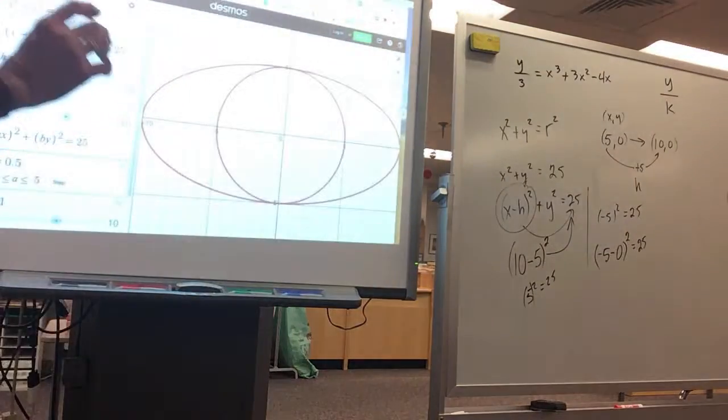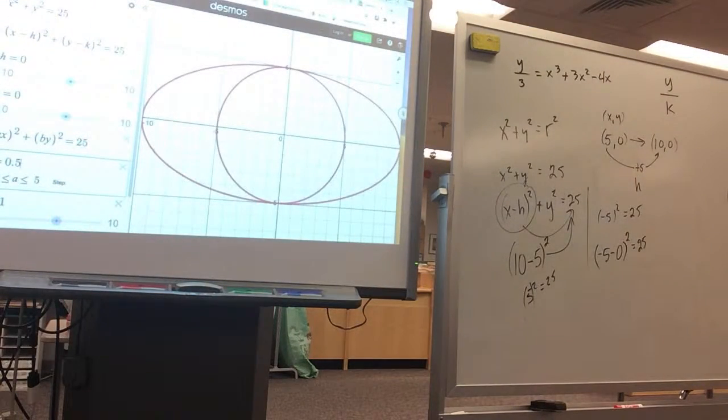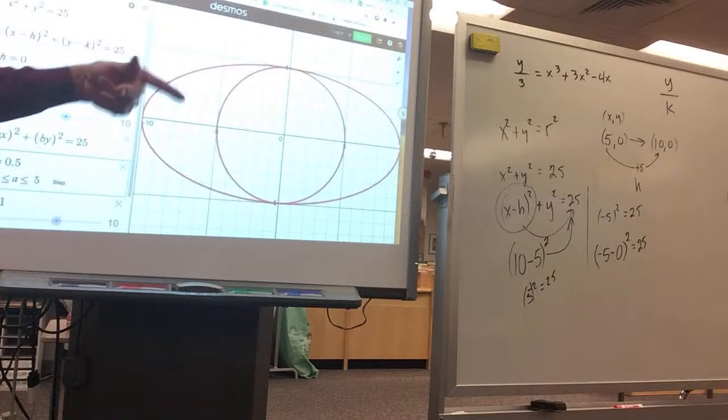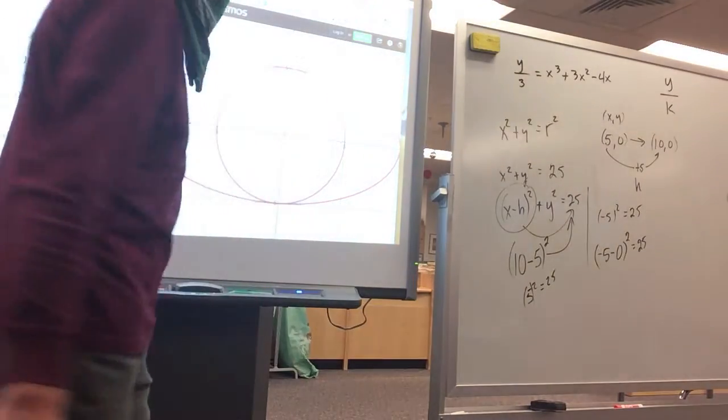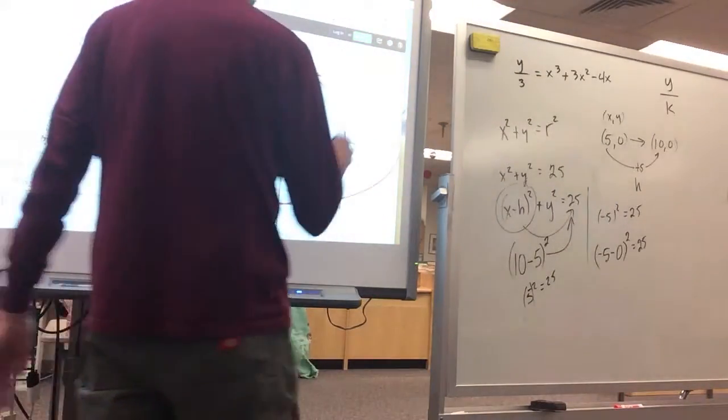Okay, you ready? Here's what I did. I made my x-axis twice as big, right? Are we ready for this? Okay, fine. Here's what I've done.